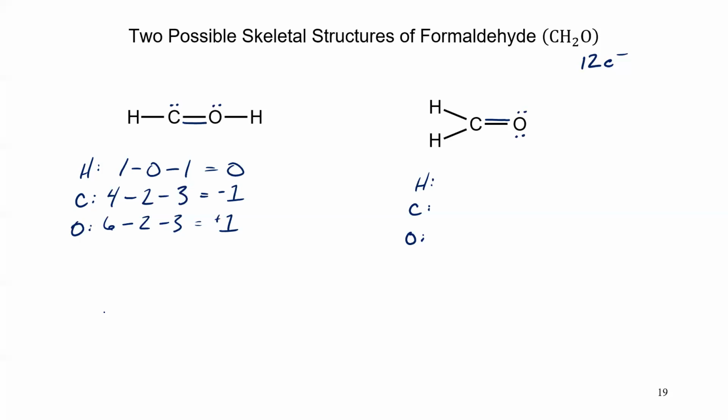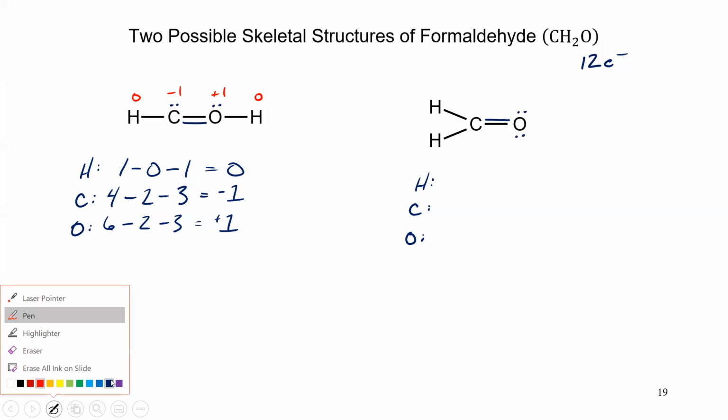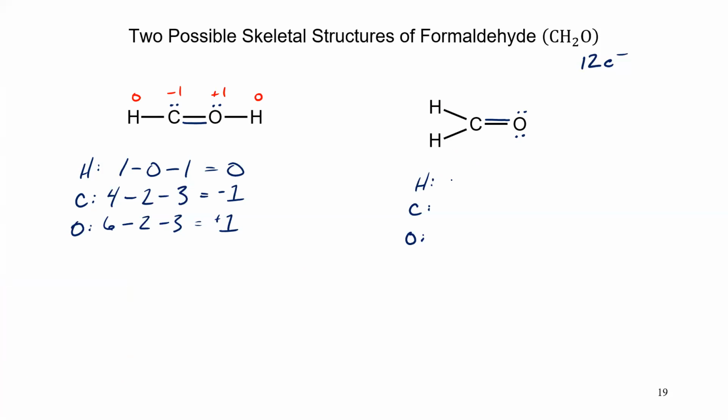So if we add all this up, we have a 0, a -1, a +1, and another 0. That does add up to 0. So it's all right for now. Let's take a look at the one on the right-hand side. Hydrogen, still 1 minus 0 minus 1, gives us a 0.